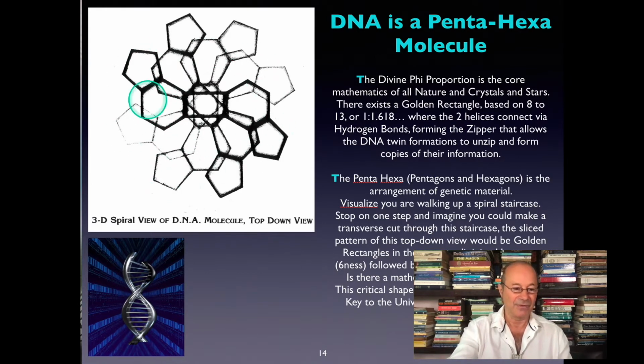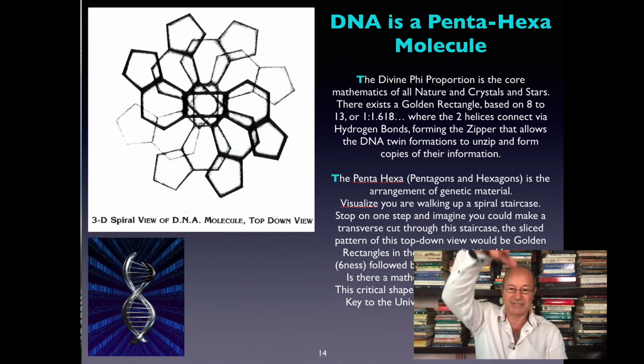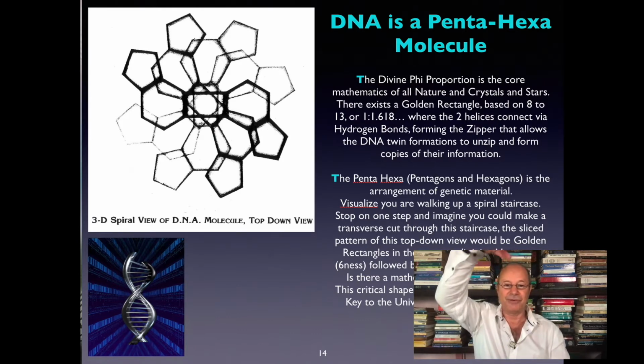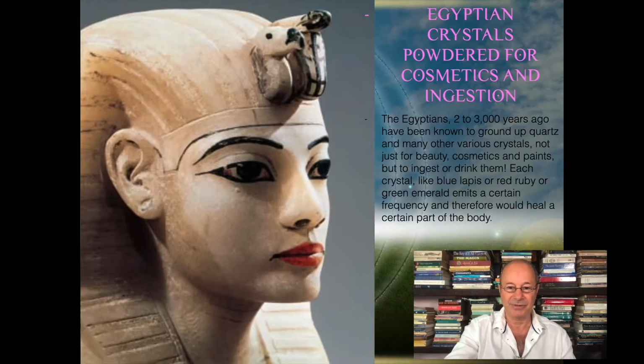This is a slice, called a transverse cut of a spiral staircase. If you visualize the DNA helix like a long tube, this is the geometric memory of DNA. So I call it pentahexa. This is the 3D view of DNA molecule.